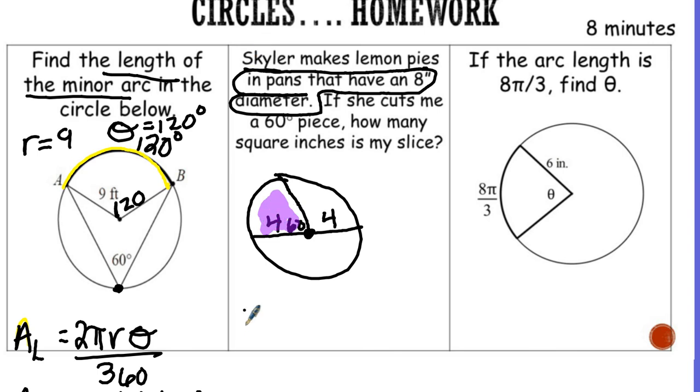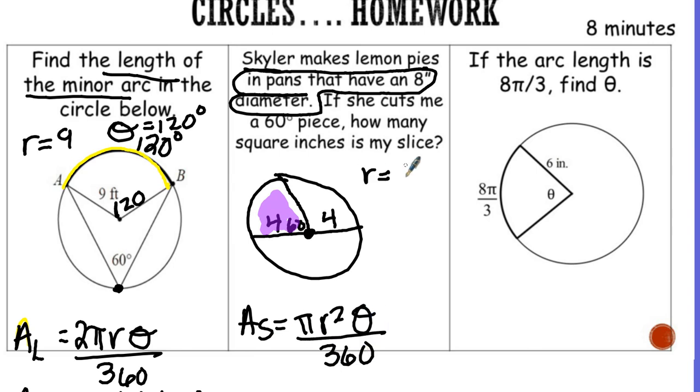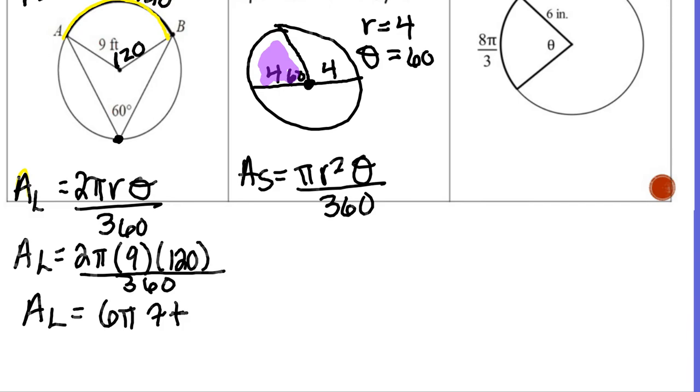All right, so the area of the sector is pi r squared times theta over 360. So the r is equal to 4, and my theta is 60, since it's asking about my piece of the pie. So pi times 4 squared times 60 over 360.